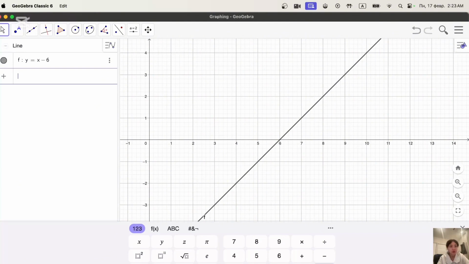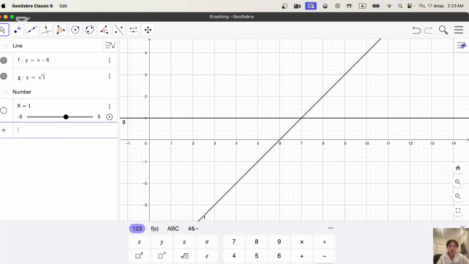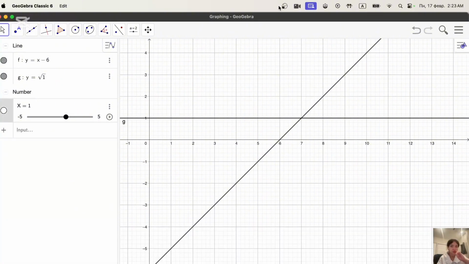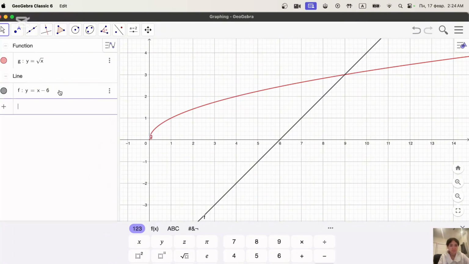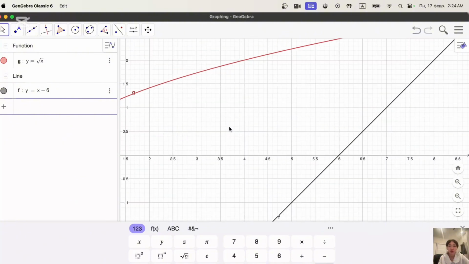The square root function produces a curved shape only for non-negative x values.